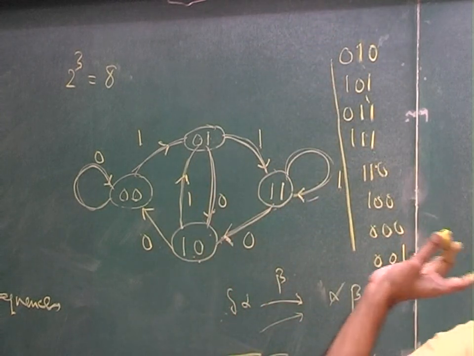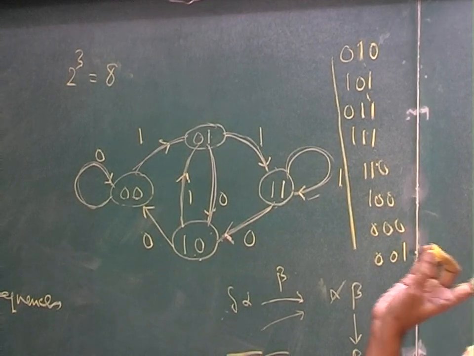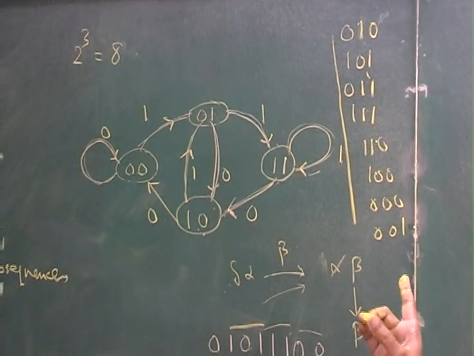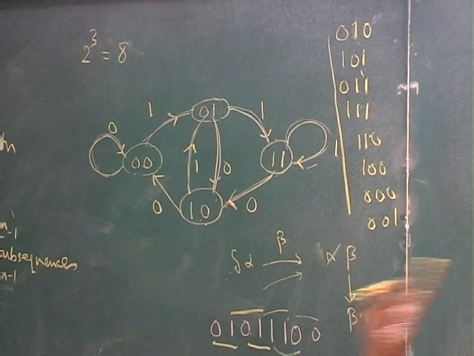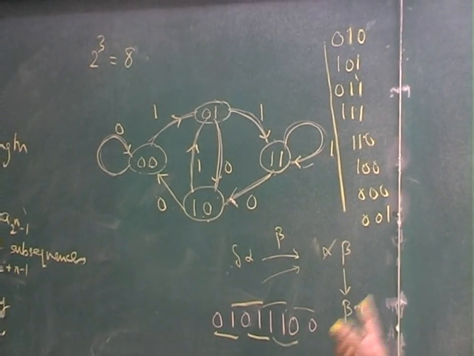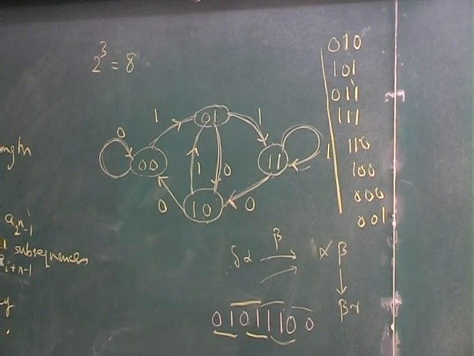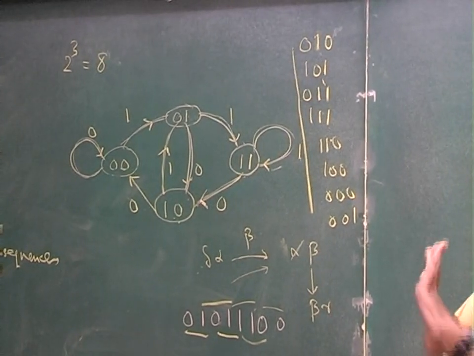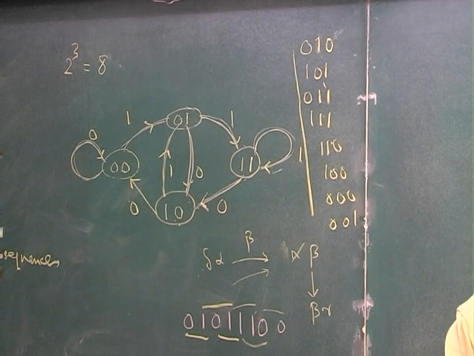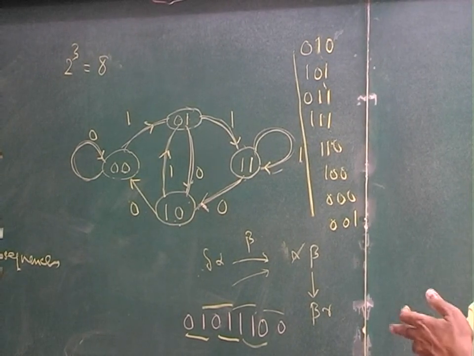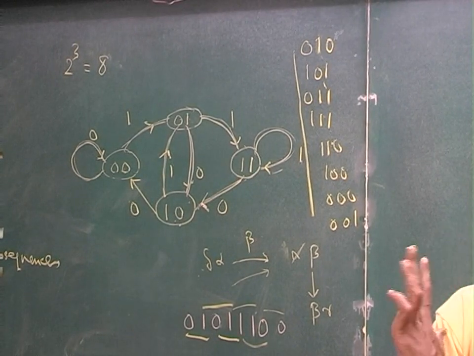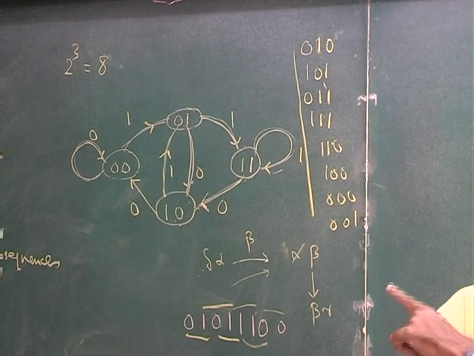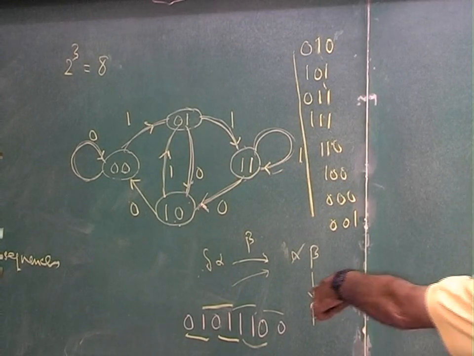My claim is I have exhausted all the possibilities, every triple in fact, these are all distinct triples. These are distinct binary triples, and these are all the distinct binary triples. 2 raised to 3 equal to 8. Each binary triple has occurred exactly once as you go on.